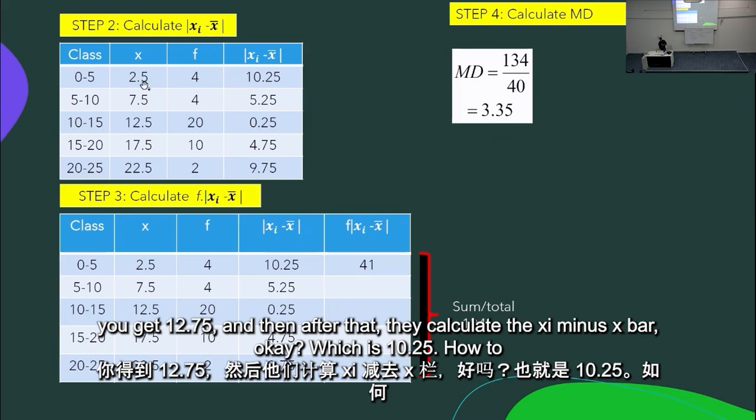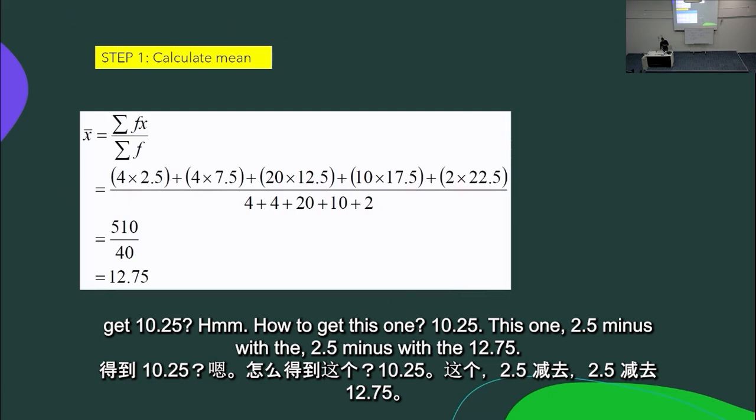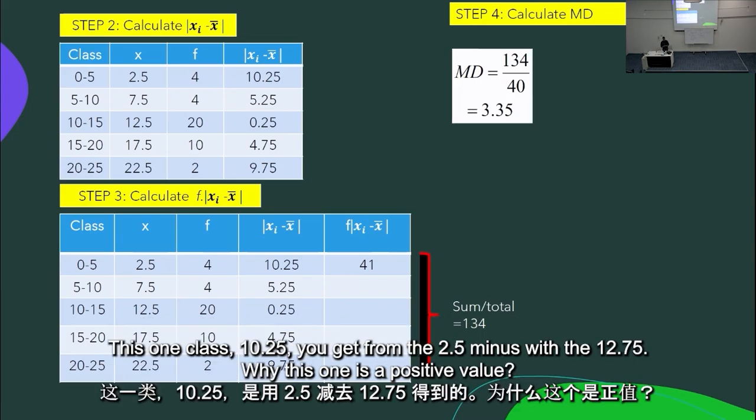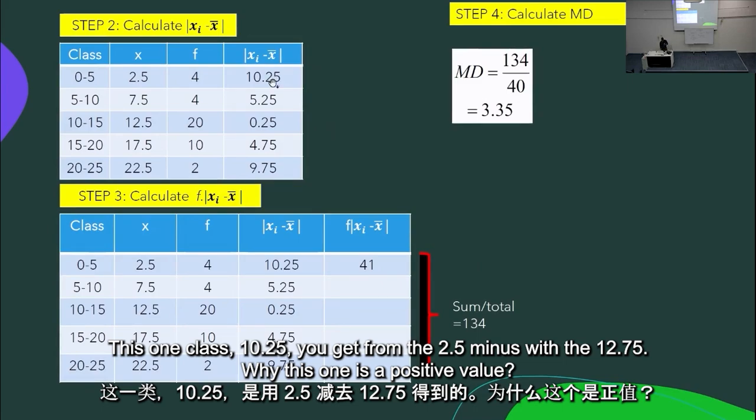Which is 10.25. How to get 10.25? For this class, you get 10.25 from 2.5 minus 12.75.